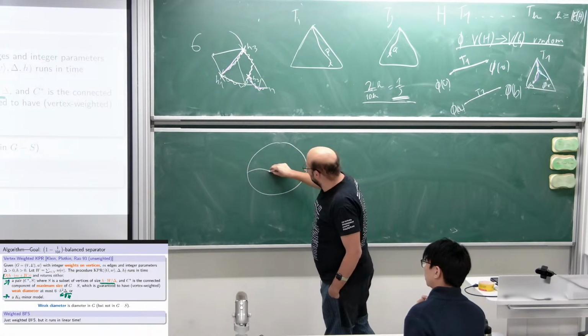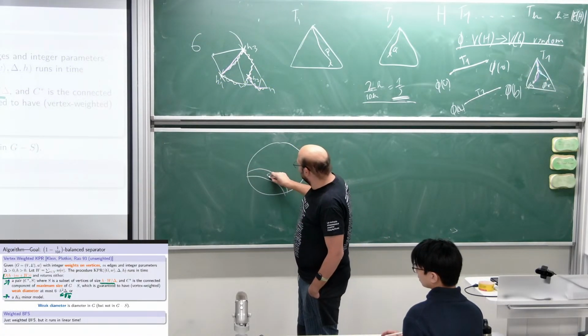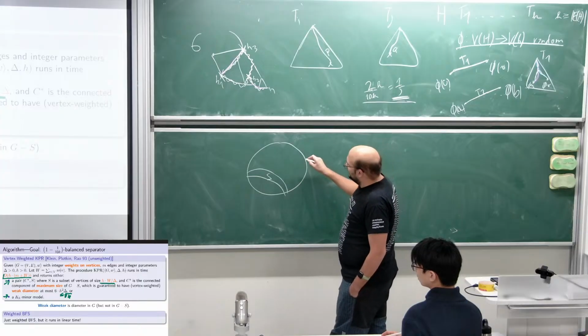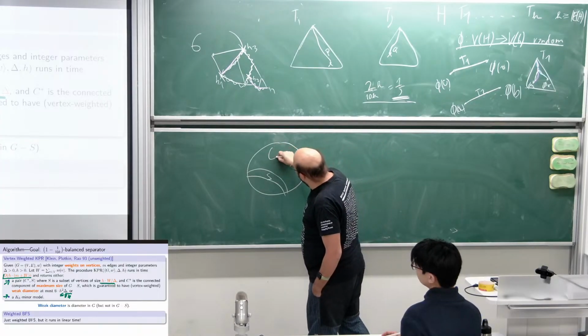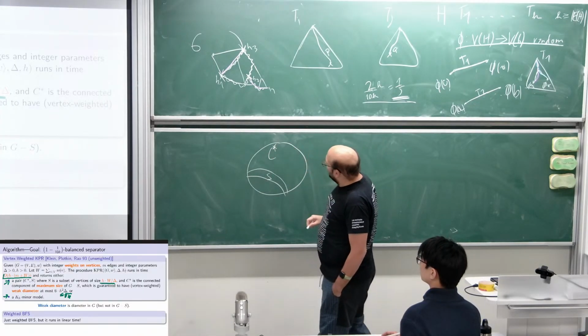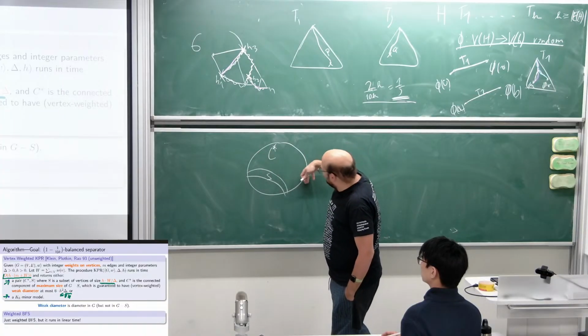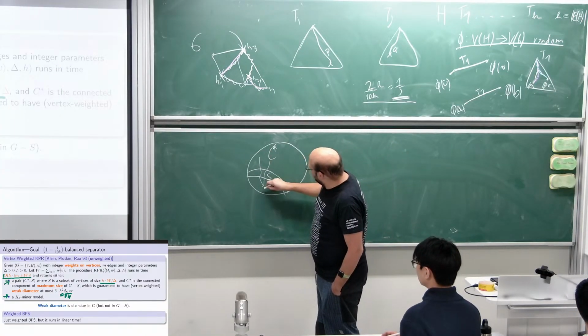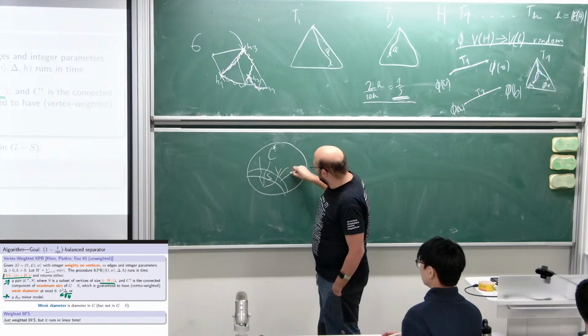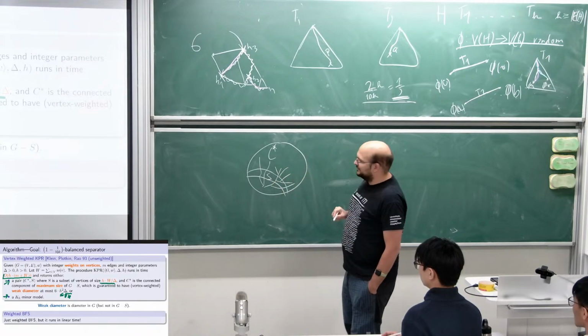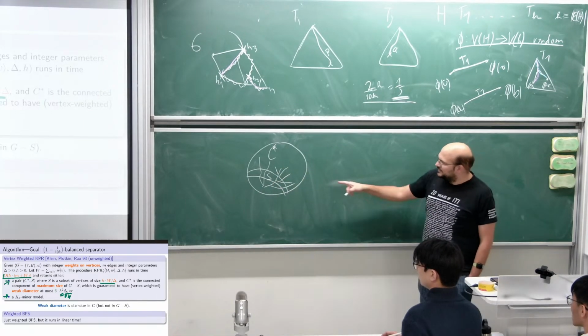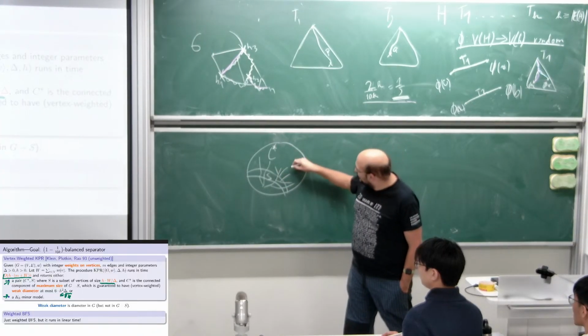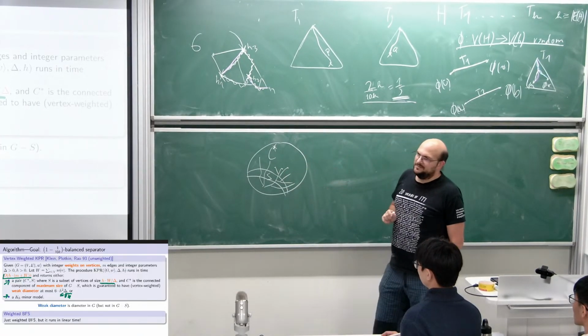KPR finds this separator S such that there is this big component C star which can itself have large diameter, but in the whole G maybe it has small diameter, because maybe there is some tree like that. So this has small diameter. Is it clear?